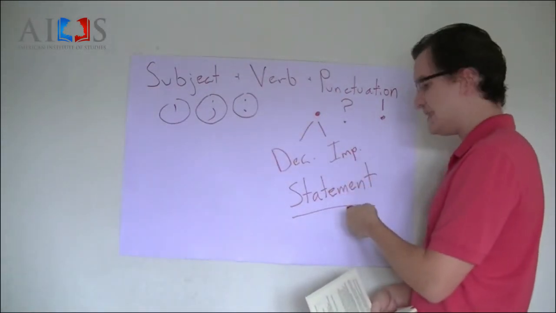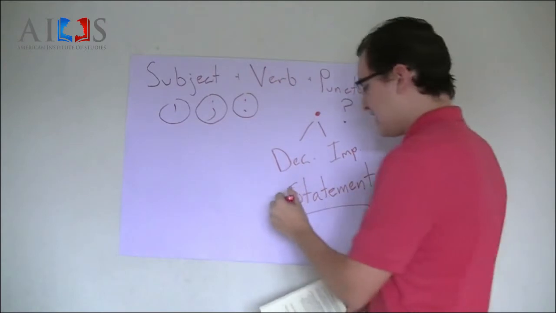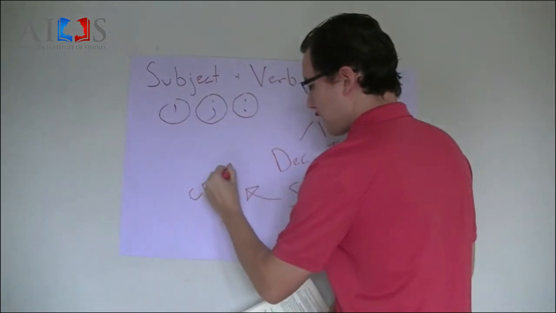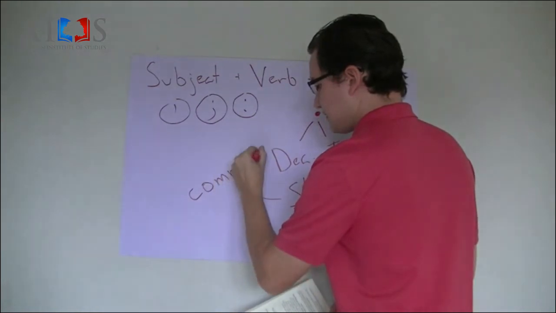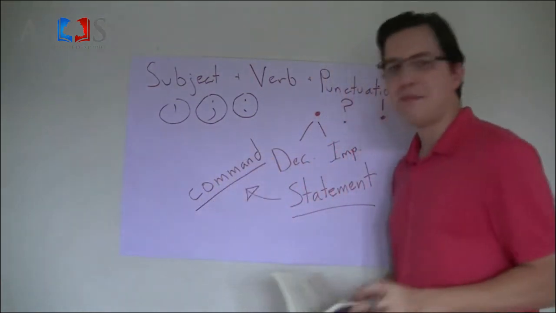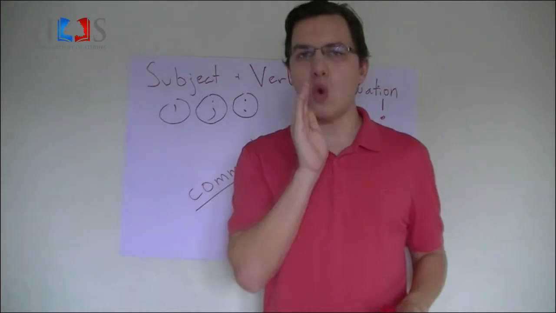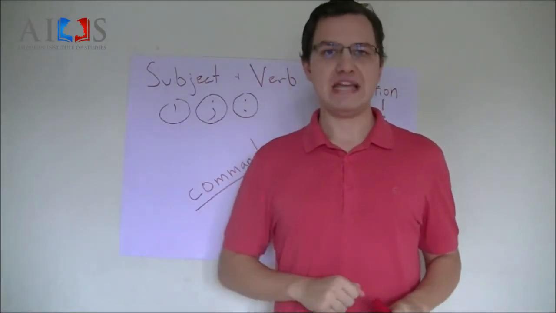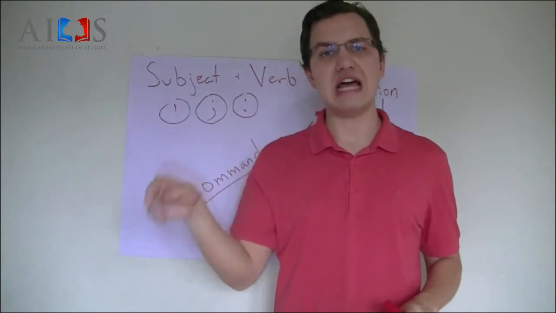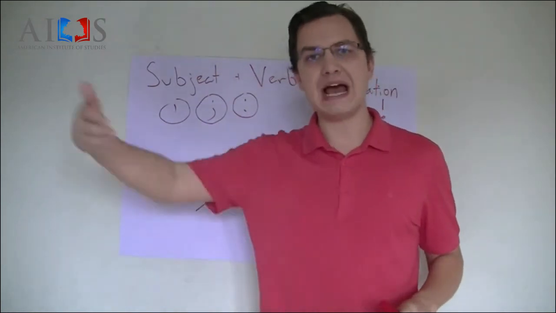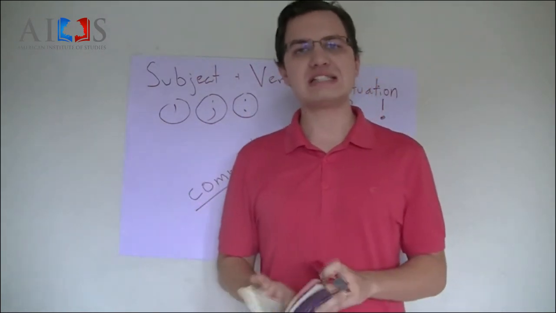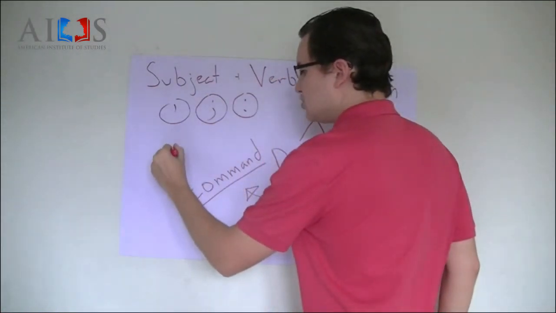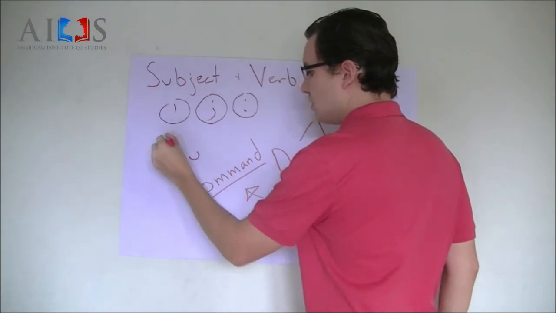This also is a statement, but it gives a command. A command is when you order something. Go home is a command. You are telling someone to go back home. Now, what's the subject? For a command, the subject is usually you.